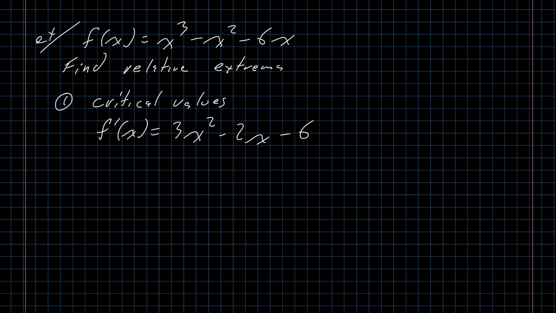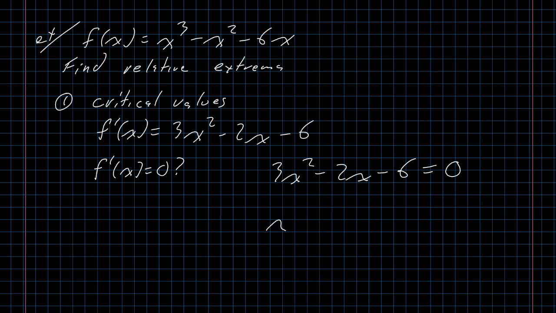All right. The other thing that we are looking at is when is f prime of x equal to 0? Well, that means that 3x squared minus 2x minus 6 is equal to 0. And, well, we could, in theory, factor this. I don't see how it factors.